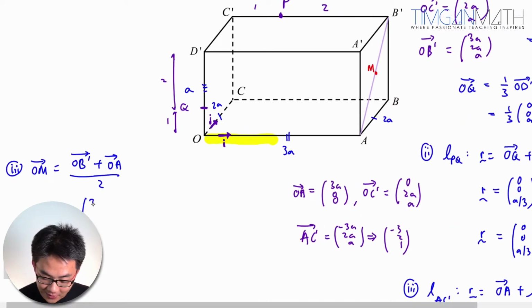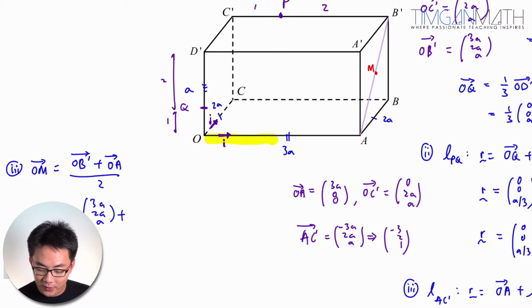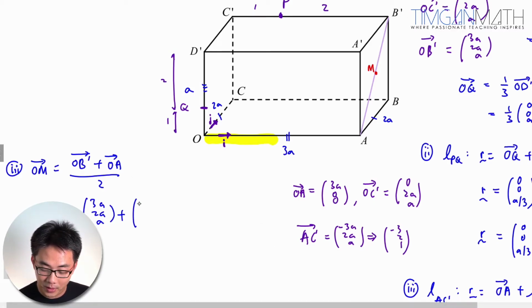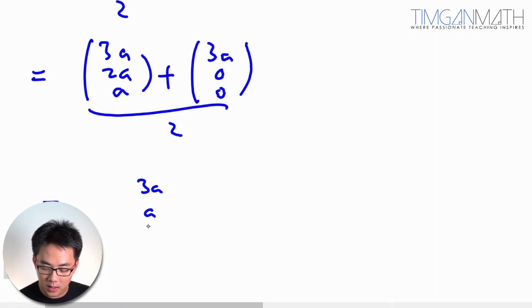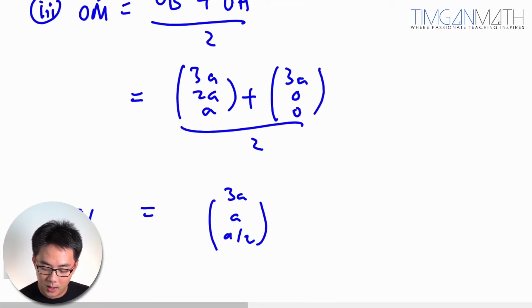Then OA would just be 3a, 0, 0, divided by 2. So if you do this, it is 6a, 2a, a over 2. This is your OM.